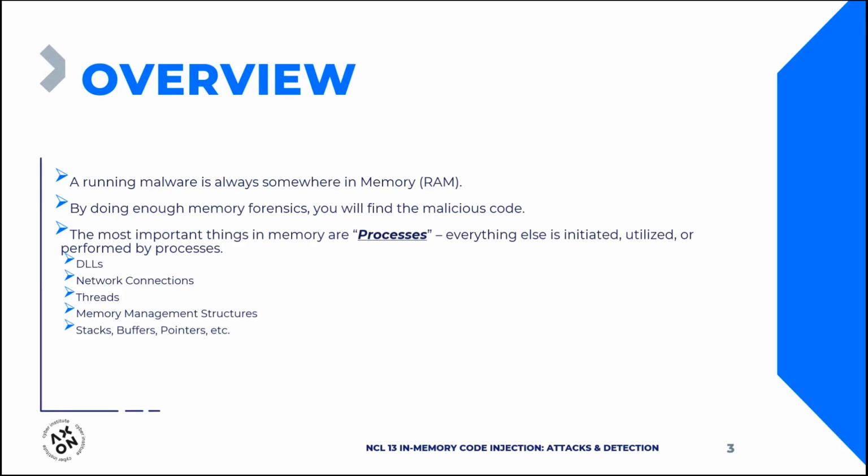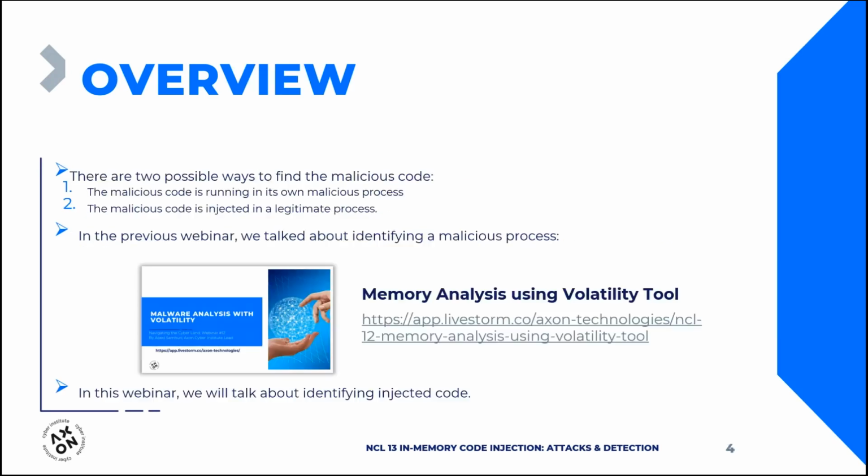Processes have threads in them. There are data structures used by the kernel to manage processes and the memory around them. In memory you can also find stacks, buffers, pointers, etc. All of that serves processes. So when we do memory forensics, we are looking into processes, and a malware is somewhere in those processes.